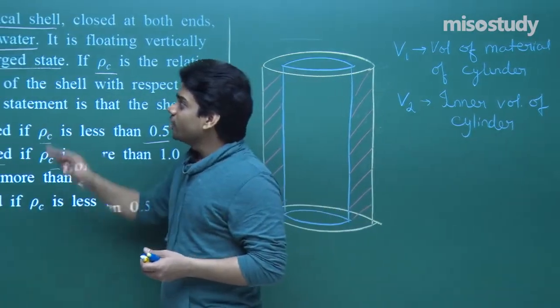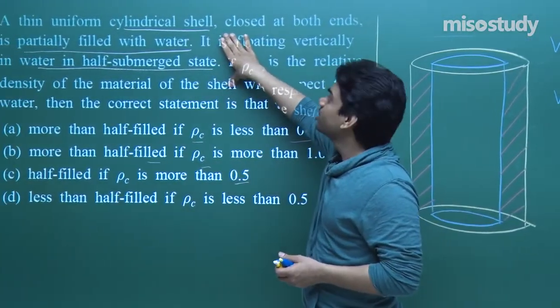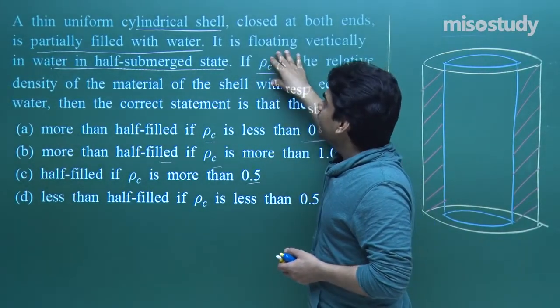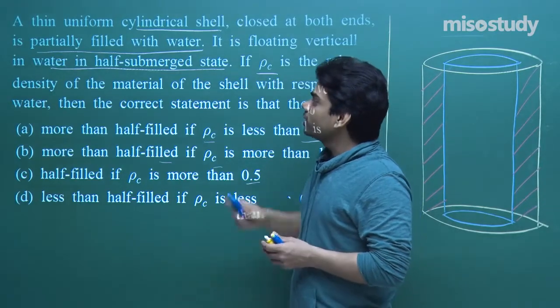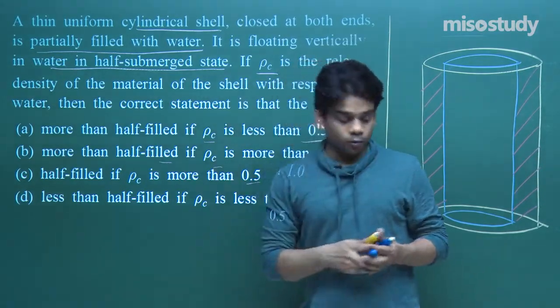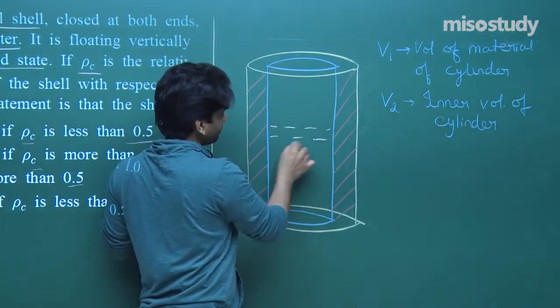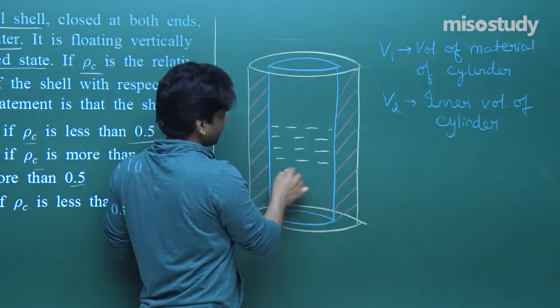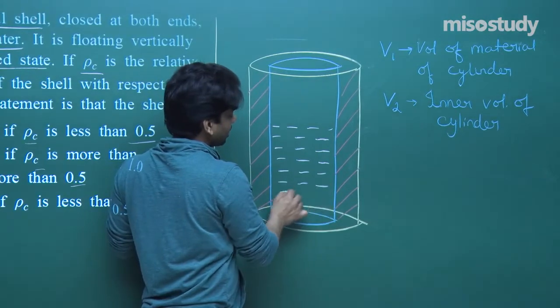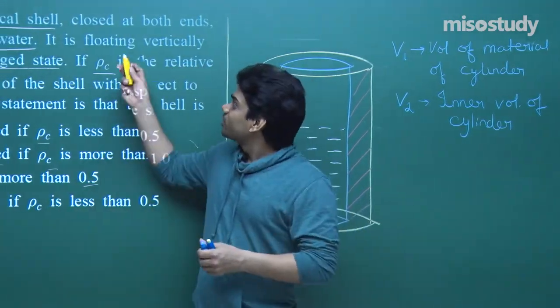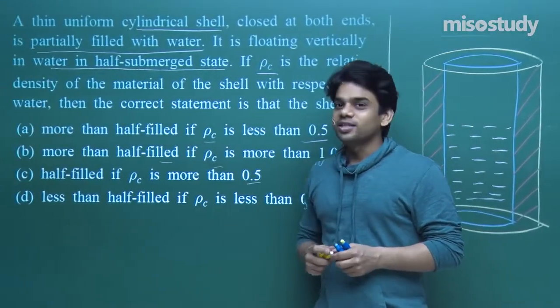You see here, thin uniform cylindrical shell, we made it. It's closed at both ends, is partially filled with water. It is floating vertically in water in half submerged state. So let us say this is filled with water up to some height. Now it says that it's floating in water vertically in half submerged state.